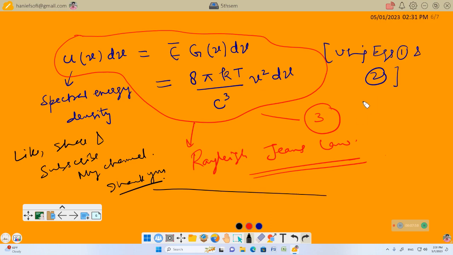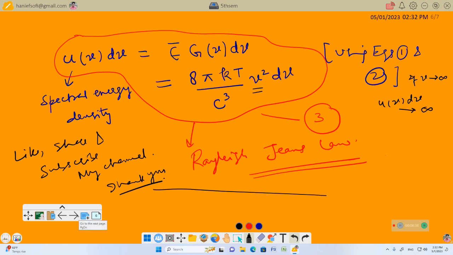So if u of nu d nu, you can see if nu approaches infinity, from Rayleigh-Jeans law, you can see u of nu d nu, that is spectral energy density, will approach infinity as well because it is proportional to nu square, right?